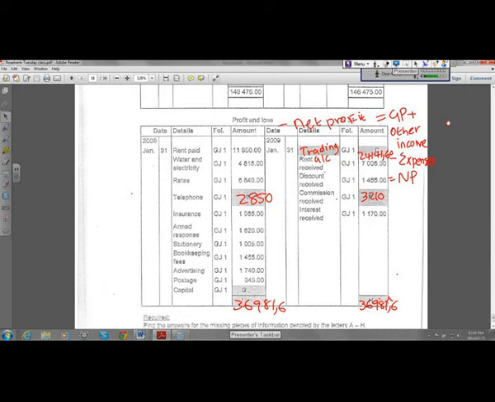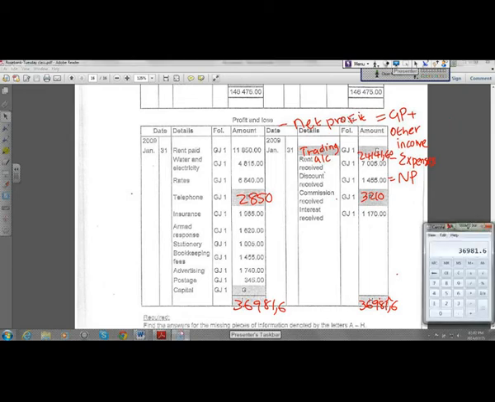Because your trading account, your gross profit, plus your other income are equal to this, you already have these two. So all that you have to do is minus the expenses on that side.